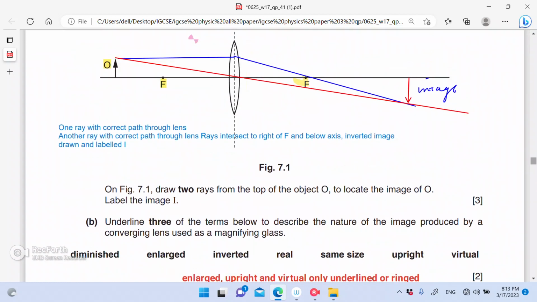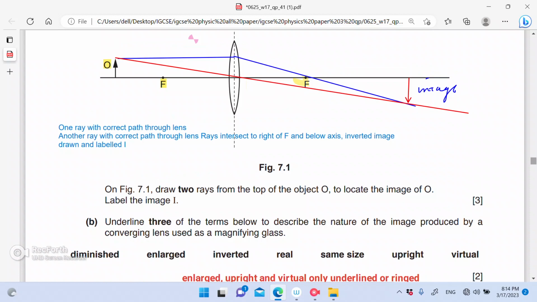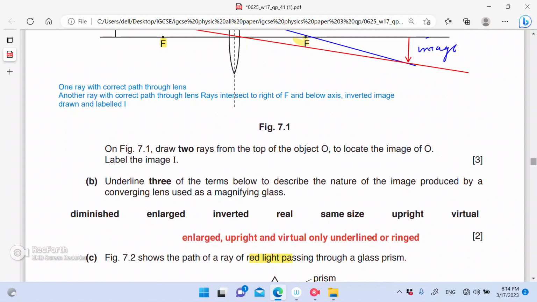So one will go straight and bend, and the other one will go from the center of the lens. One ray with correct path through the lens, another ray with correct path through the lens intersect to right of F and below axis. The inverted image drawn.